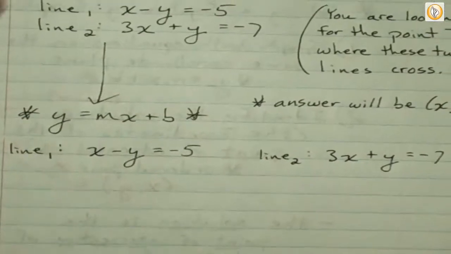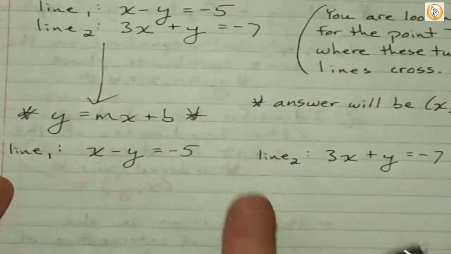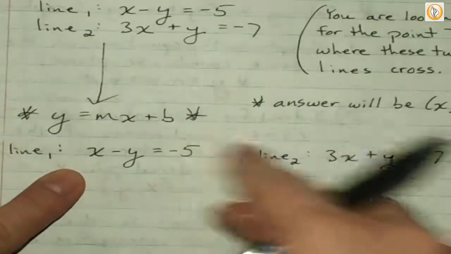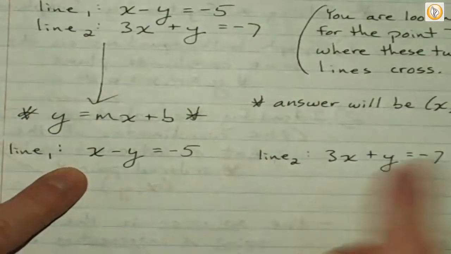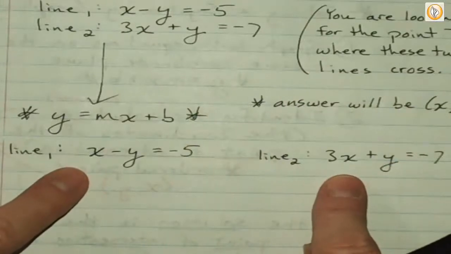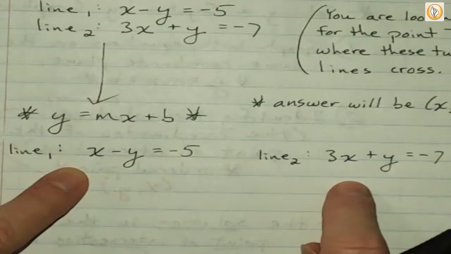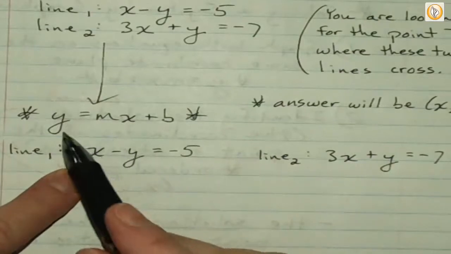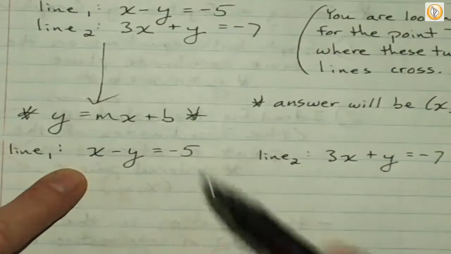Okay, so I took these two equations, I rewrote them right here. When you do your homework, you're not going to have all this stuff, so this is just for notes. So we've got our two lines written here. Now we isolate the variable. We have to rearrange all of this to put it into this format, right?